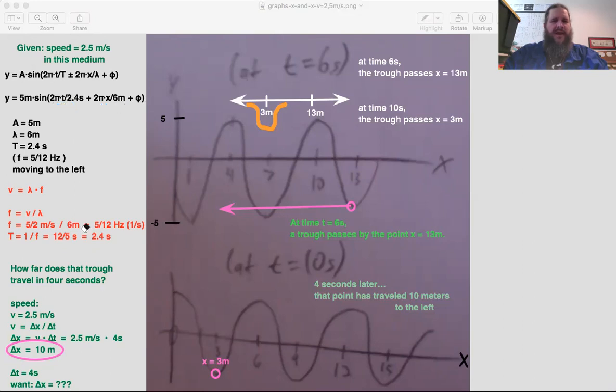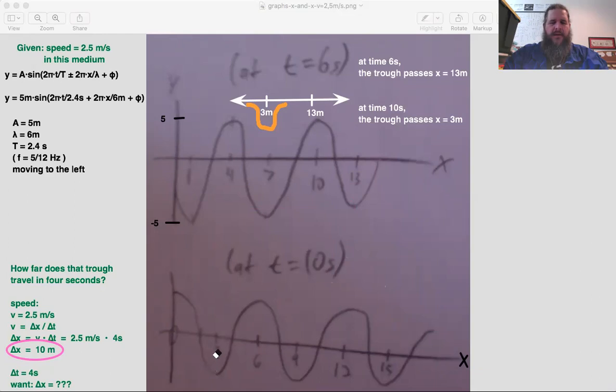Then let's take a look at the phase constant, see if we can solve for phi. To solve for phi, how would we get information from these graphs in order to do that? You could pick one graph. So like, for example, time is 6.